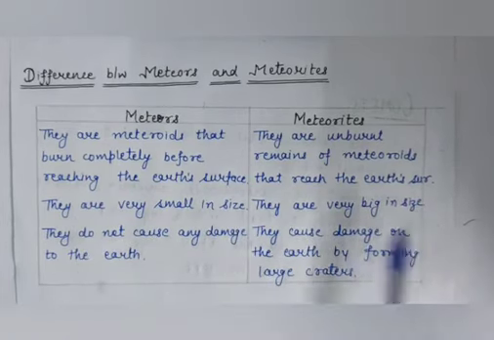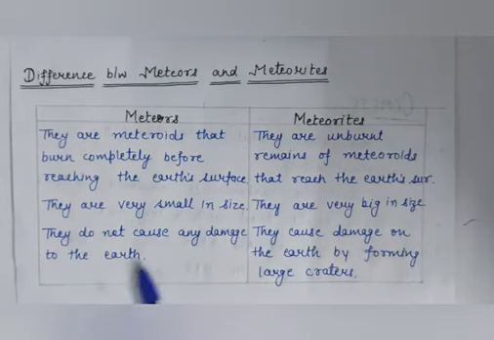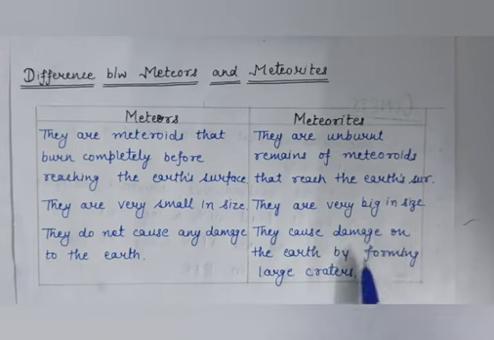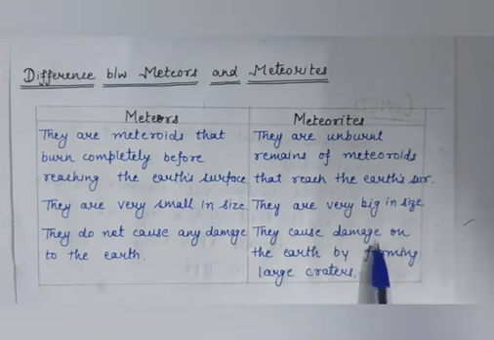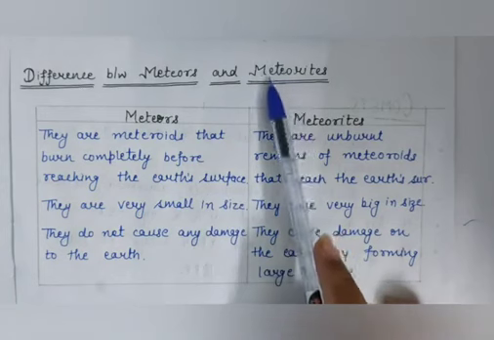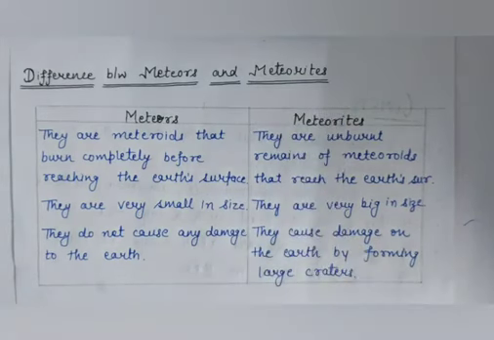Meteors do not cause any damage to Earth, but when meteorites enter the Earth, they cause damage by forming large craters. So these are the differences between meteors and meteorites. This was the last topic of the chapter.